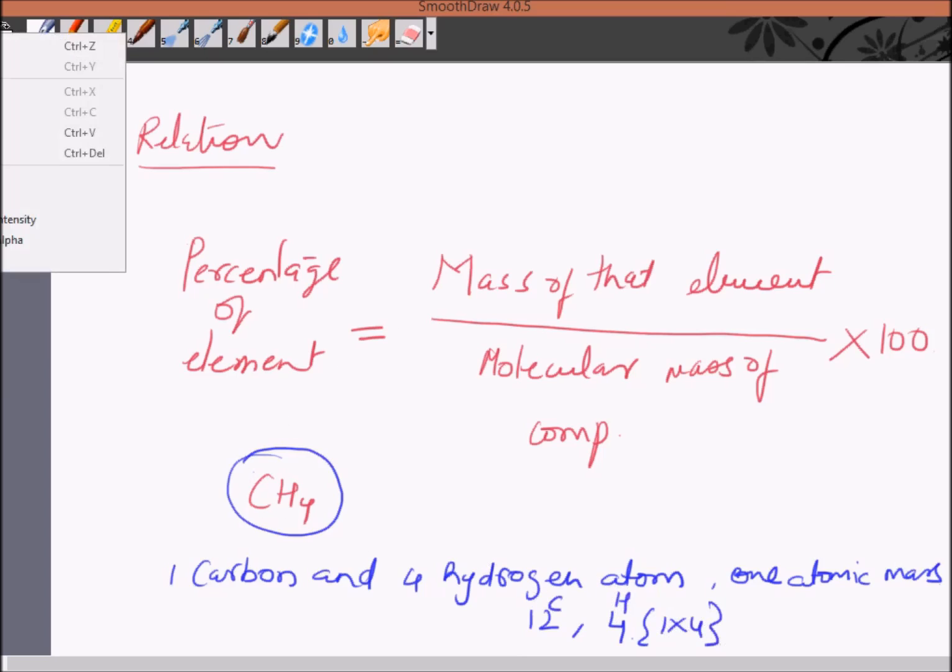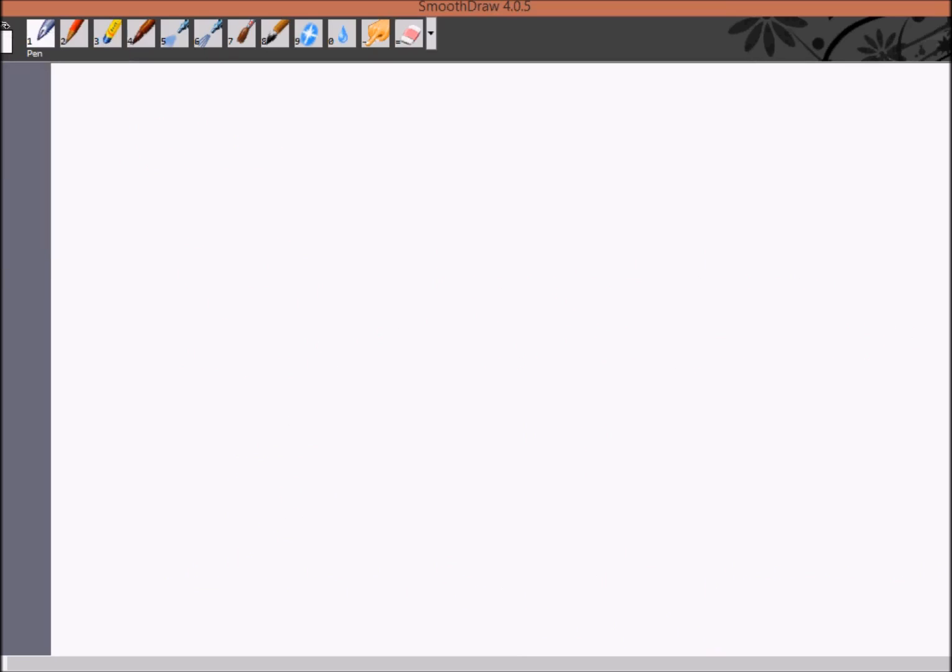So friends, what is the molecular mass of methane? The molecular mass of CH4 is 16, by adding 12 plus 4.